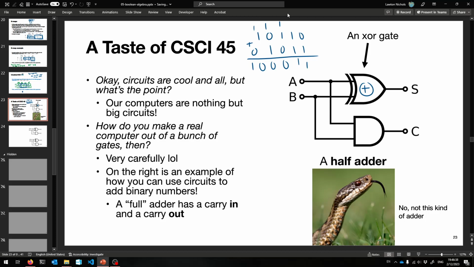This is a single bit. So take a bit A, bit B, and if you do XOR of those two bits, you get the sum. Like if A is 1 and B is 1, if you exclusive OR those together, you get 0, because that's the answer you have to carry still, right? The sum will be 0. So exclusive OR is doing 1-bit addition, which is really cool.